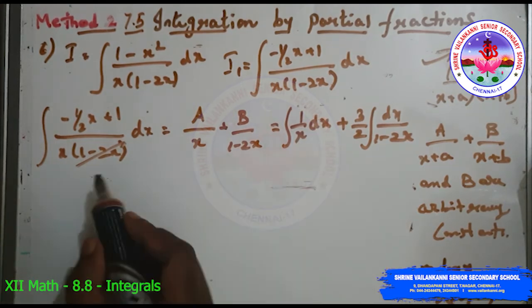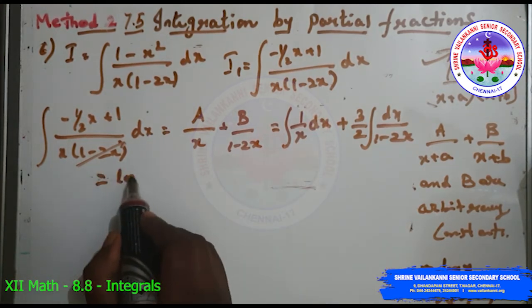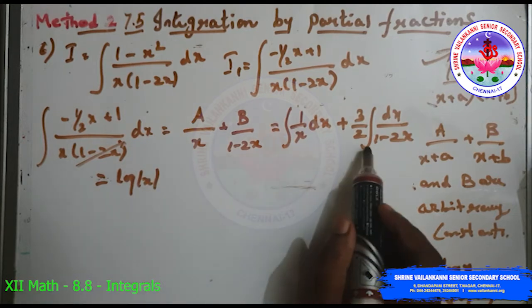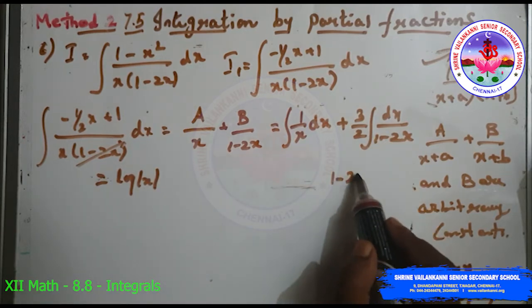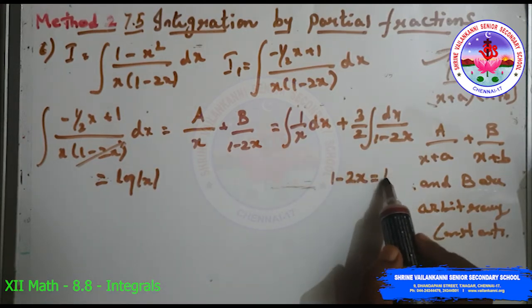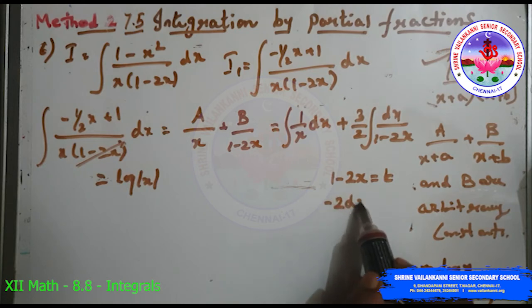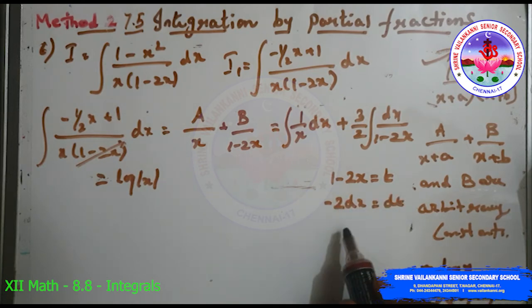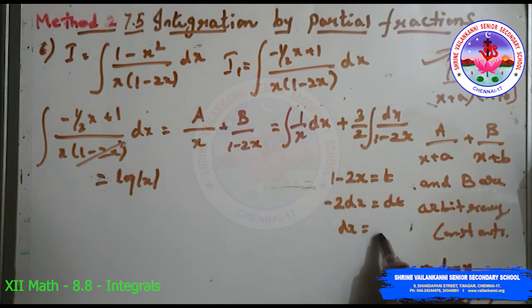So integral dx by x is log x. Here for 1 minus 2x, we can use the substitution method. We can take this as t. So minus 2 dx is equal to dt, dx equal to minus dt by 2.